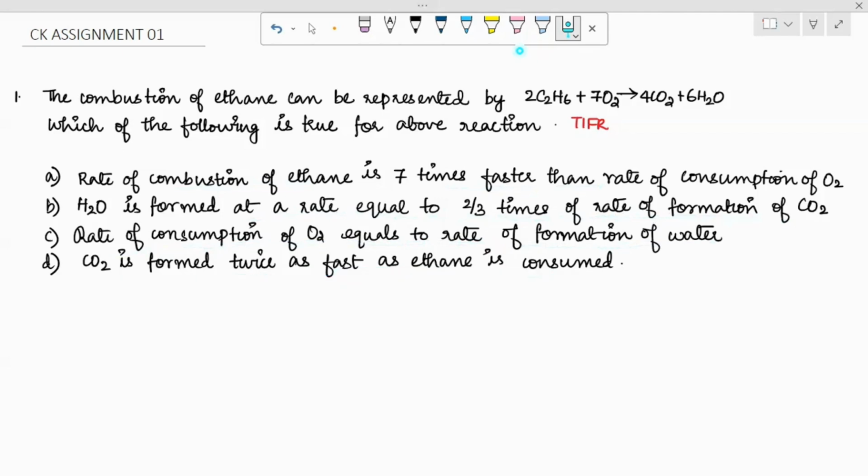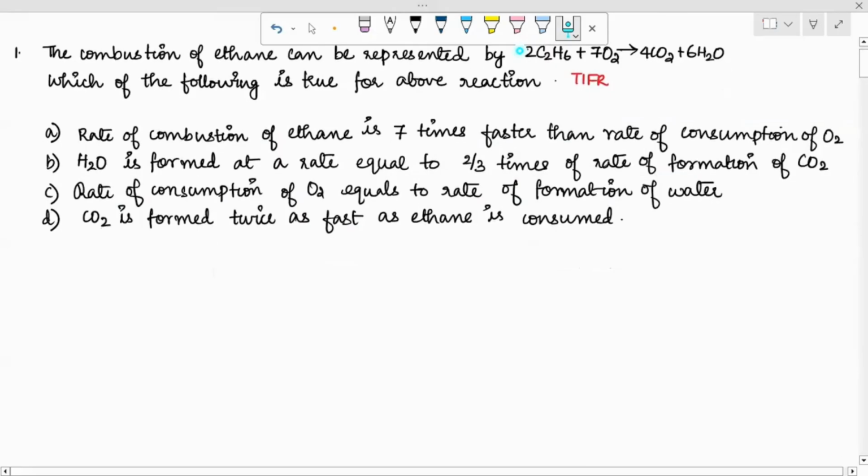So if we look at the options, we can see that all the options are related to combustion, consumption, rate of formation, etc. So with whatever is given, let's try and write the rate of the reaction first. Okay, so what is the equation given?